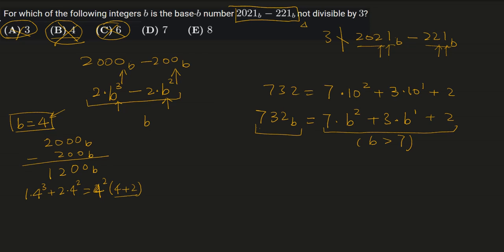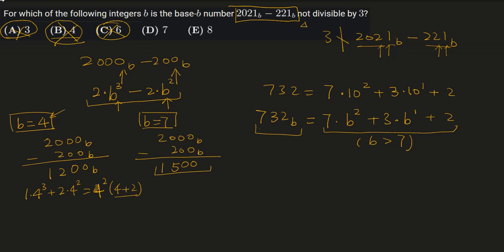Now let's check b equals 7. That's choice D. Then we do the same thing: 2000 base 7 minus 200 base 7. So this is 0, 0 for the tens and the ones, and for the hundreds, we need to borrow 1. And this 1 is actually 7. So 7 minus 2 is 5, and we have 1.